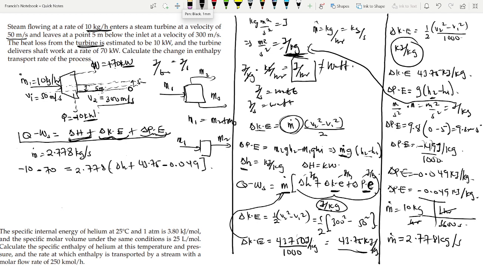So you divide through by 2.778. Now because this is in kilogram per second and this is in kilowatt, which is kilojoules per second, when you divide by that, it becomes something like second per kilogram. So seconds cancel seconds. We are left with kilojoules per kilogram, and these are also in kilojoules per kilogram. And then you can subtract easily.